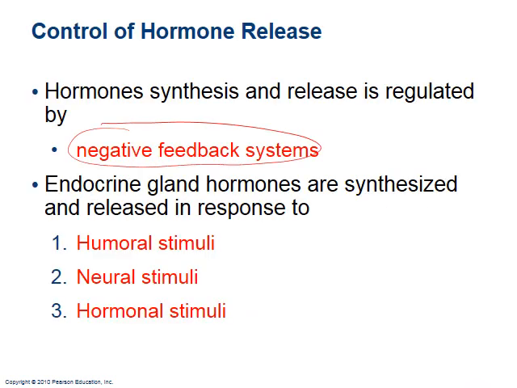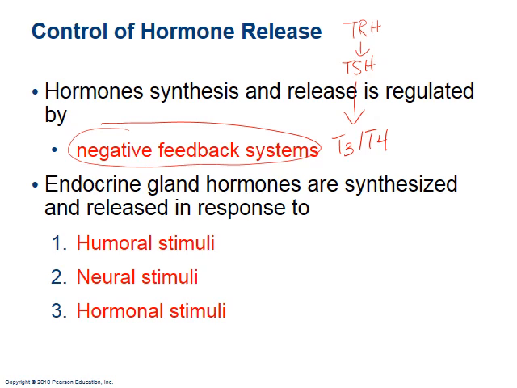Want to make sure that we understand that hormone synthesis and release is regulated by negative feedback. One example that we'll see later is that you're going to have one hormone that's going to cause the release of another hormone, which is going to cause the release of more hormones. So you have this cascade of hormone action.